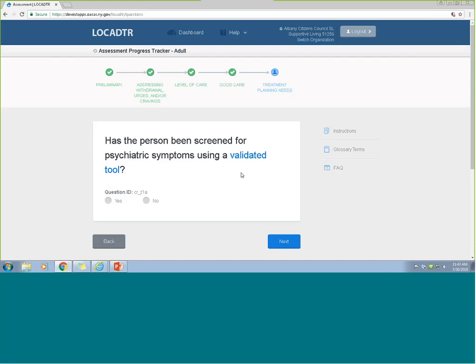The modified Mini is one of the ones that OASAS has worked to help providers implement, but there are a lot of other tools out there. What you want is something broad enough to identify a range of potential psychiatric symptoms, and there are many to choose from. So we're going to say yes to this question.